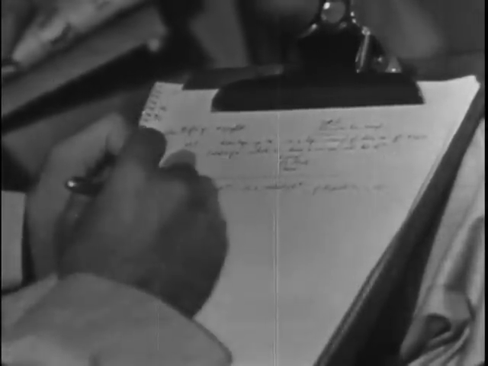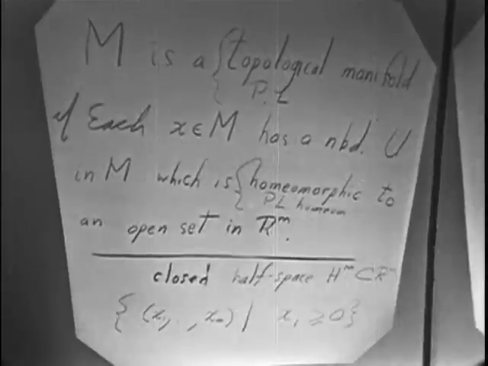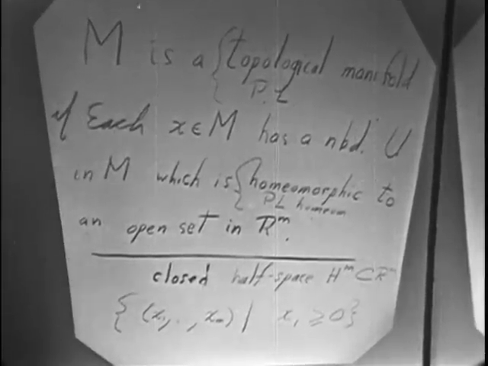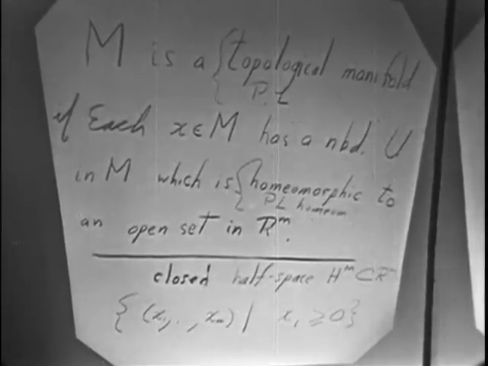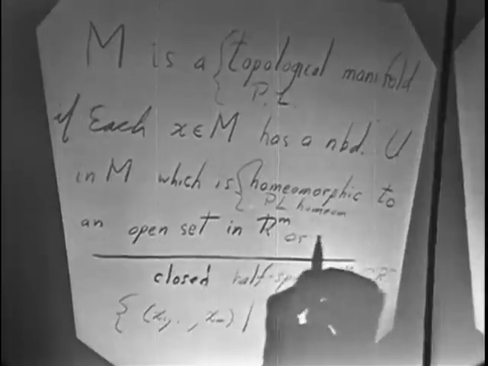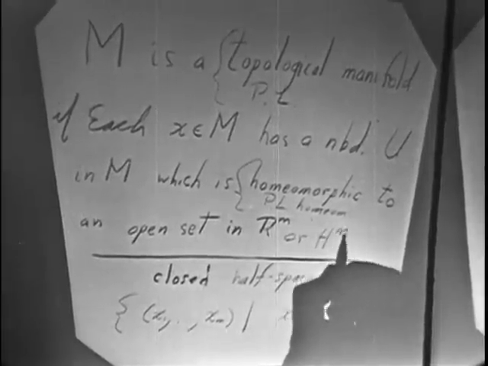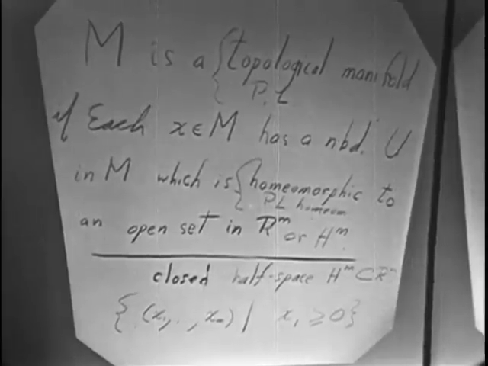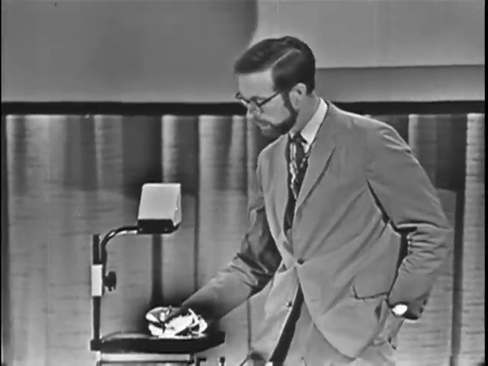And if we allow our manifolds, instead of requiring that each point have a neighborhood homeomorphic to an open subset of Rm, to allow HM also, then we have the concept of a manifold with boundary. So a typical example of a manifold with boundary would be the unit disk.